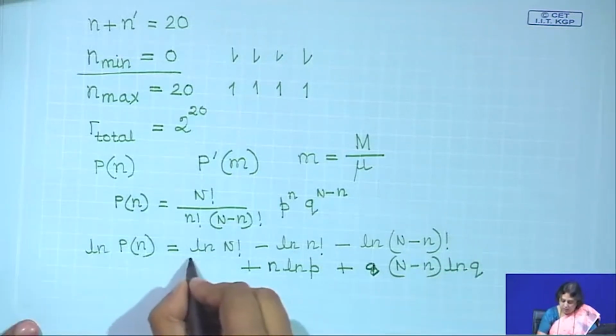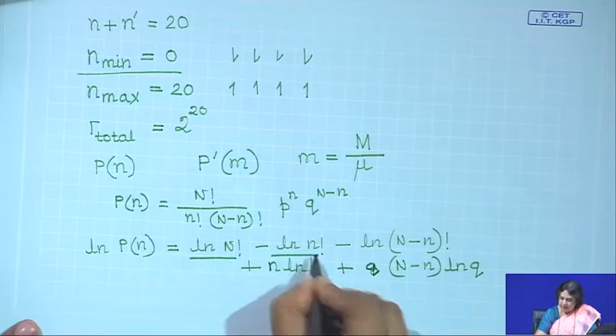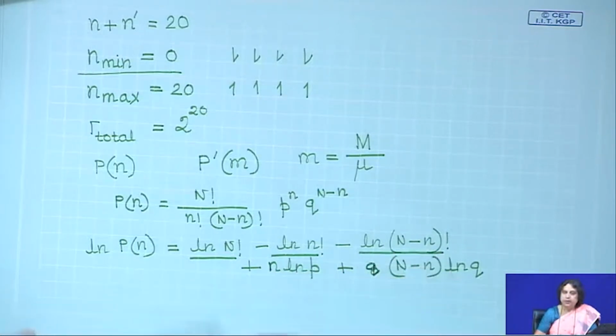Now, how do I find out these quantities? I am going to use the Stirling approximation.